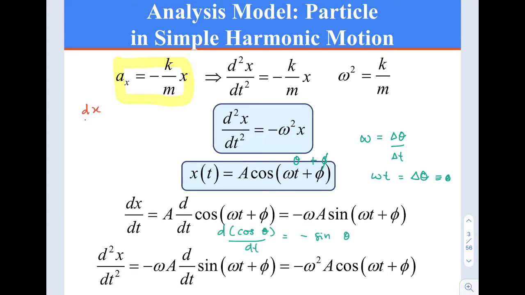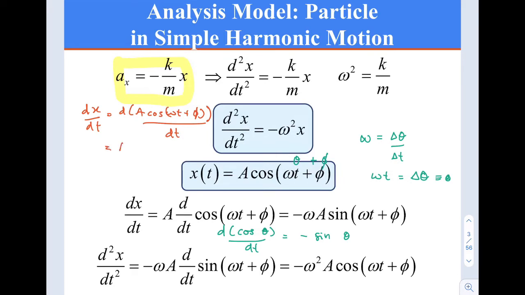We're going to do dx over dt. What is your x? Your x is a cos of omega t plus phi. The whole part of this is your x, differentiated with respect to time.